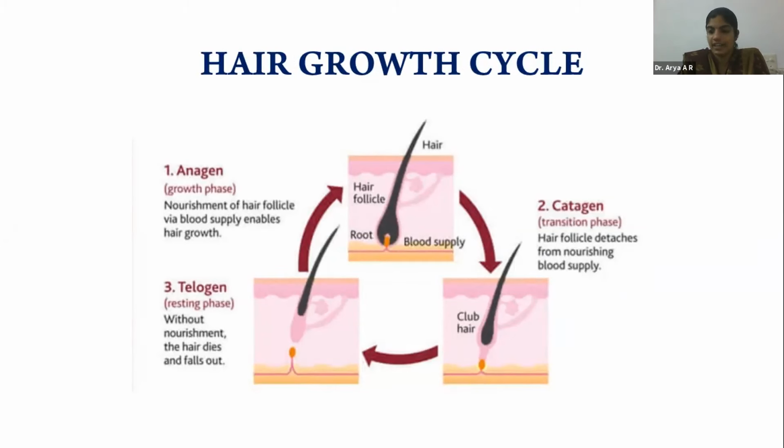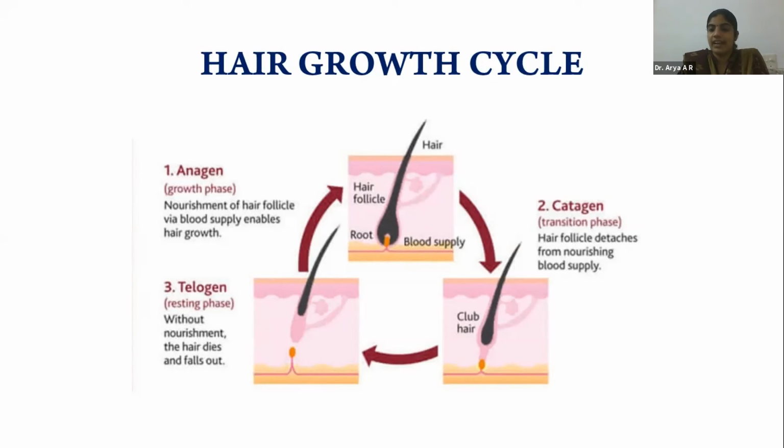That is what I said earlier, that a nutritious diet is very important when we talk of hair growth and hair fall conditions. So the first stage of the hair growth cycle is anagen, the growth phase, and in that phase the hair follicle gets nourishment from its blood supply, and it leads to its growth.